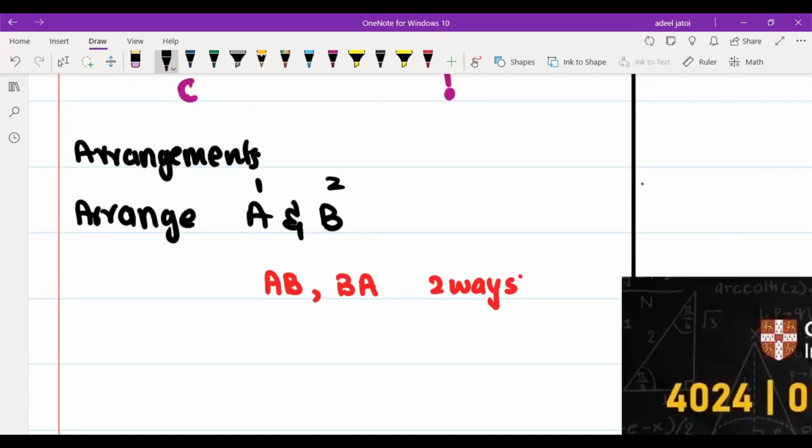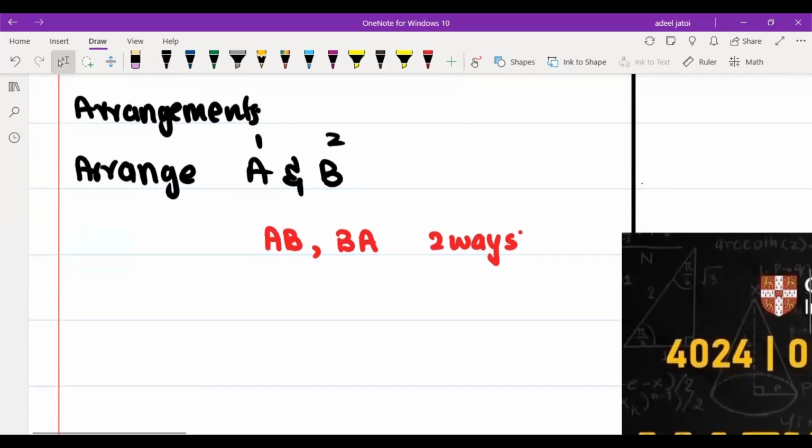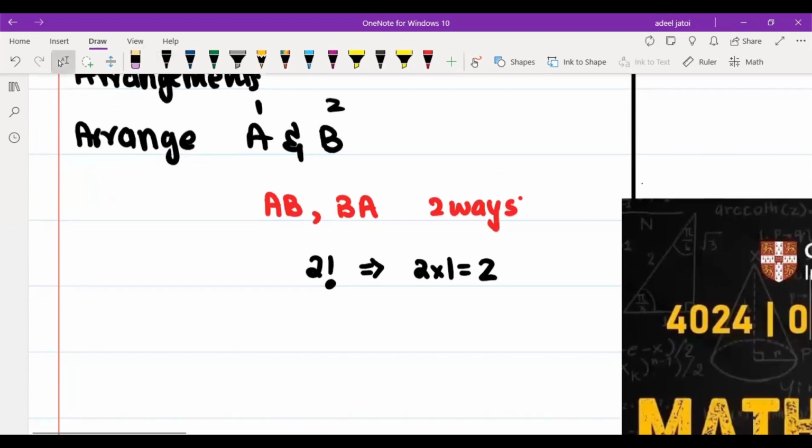To make sure these two letters are arranged, we apply 2 factorial. 2 factorial can be calculated through the calculator, applying 2 and then the factorial sign by pressing the shift button. 2 factorial means 2 multiplied by 1, which is equal to 2.